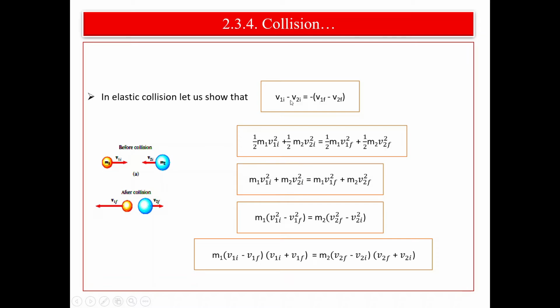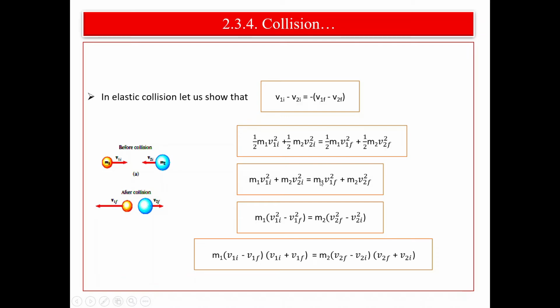Okay, so finally after the 2s are cancelled, let's collect m1 together. Take m1 v1 final square to the left side, and this one to the right side. It becomes m1 v1 initial square minus m1 v1 final square. m1 is common, so it is written outside: m1 times v1 initial square minus v1 final square.